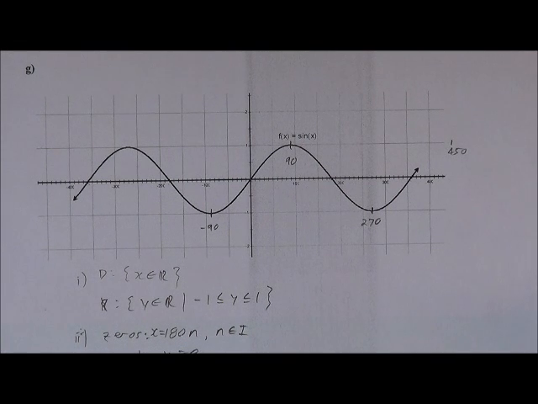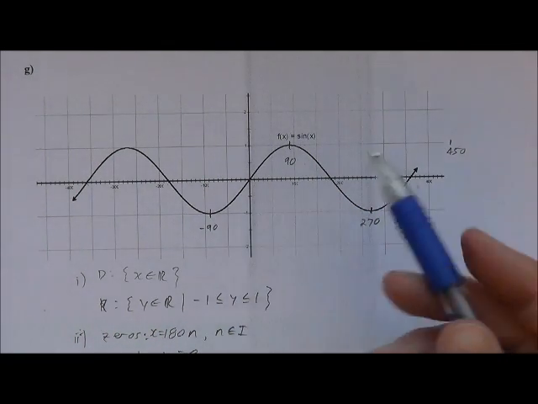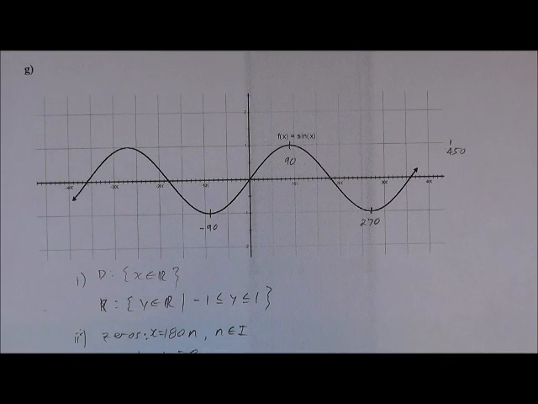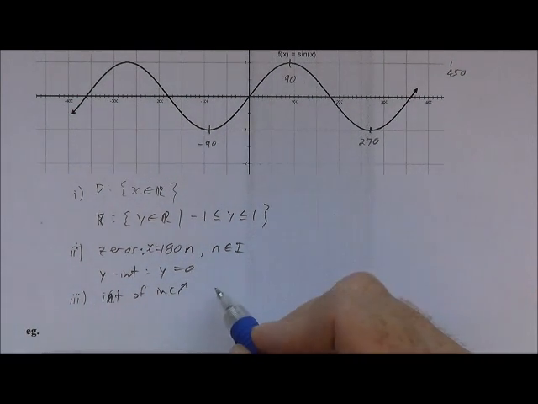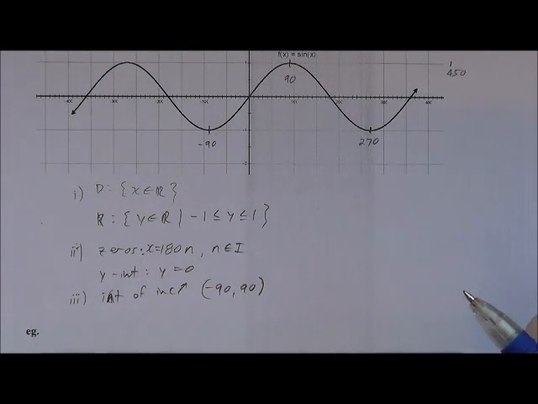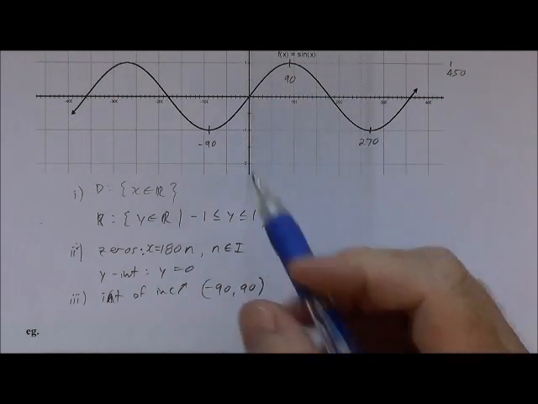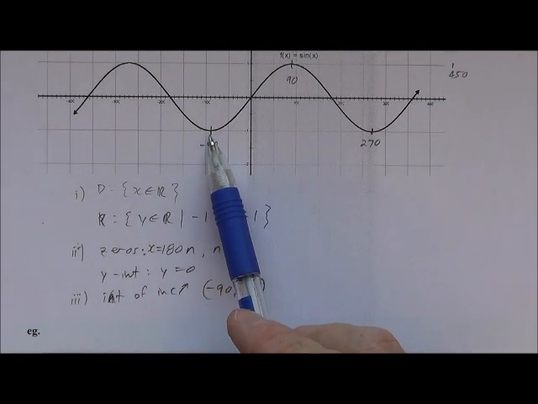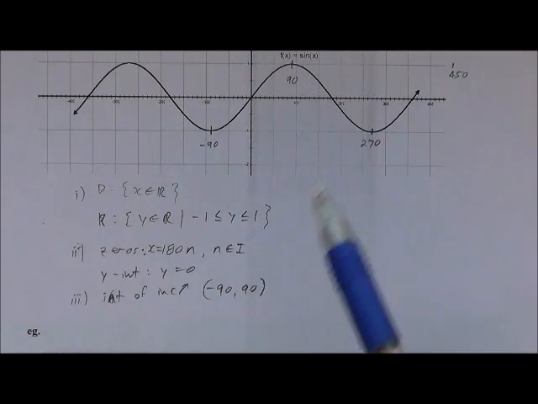So if we just take a look at the interval of increase for now, it goes from negative 90 to 90. I'll just write this in here. And so we just focus on the negative 90. We see that from negative 90 over to 270, that's a whole wavelength, a whole 360 degrees.